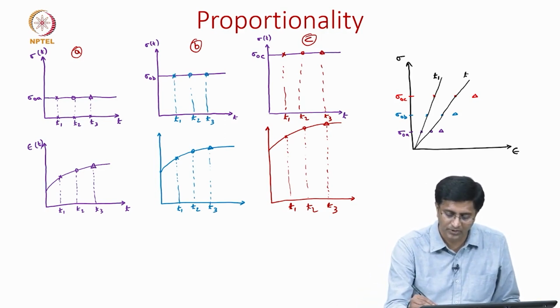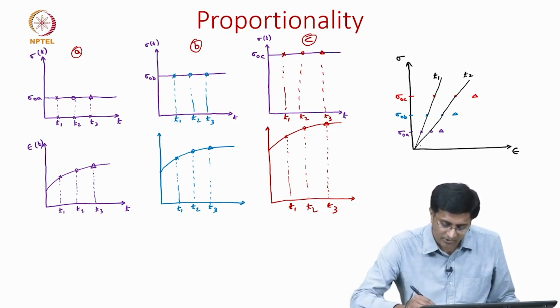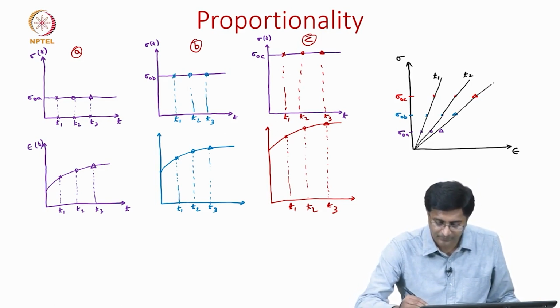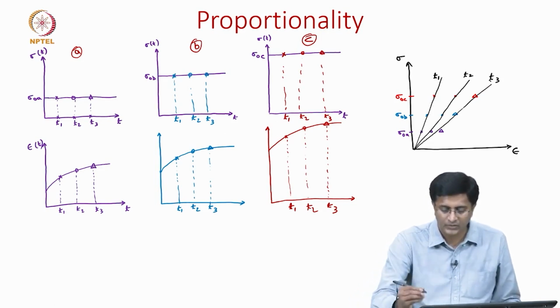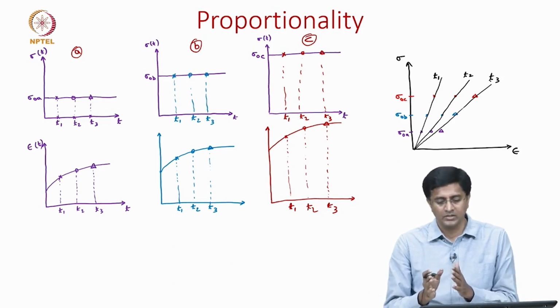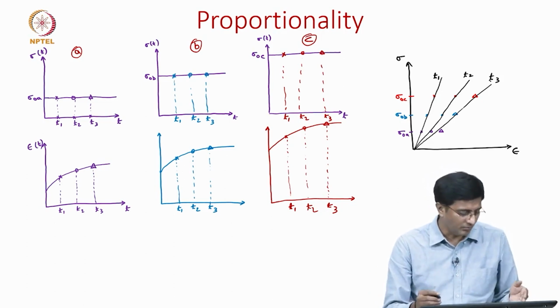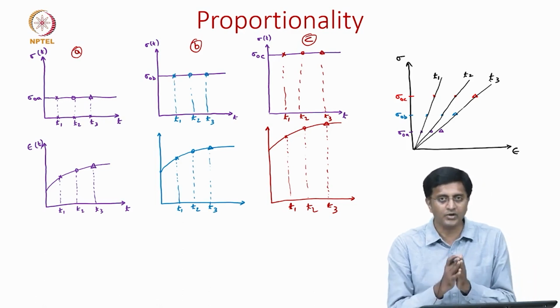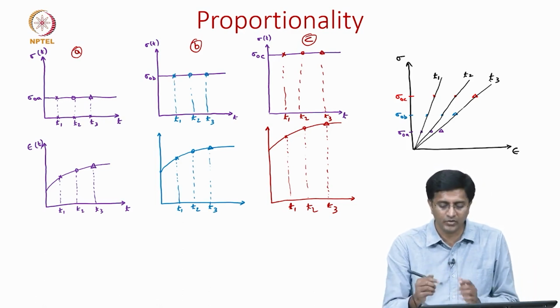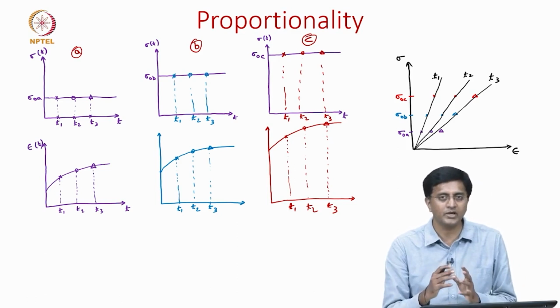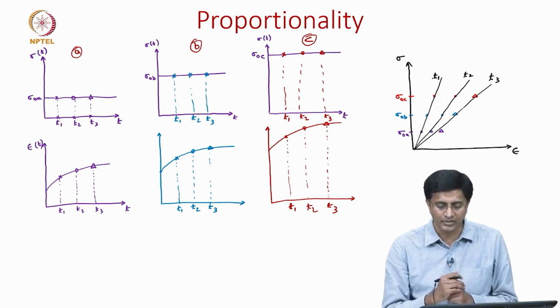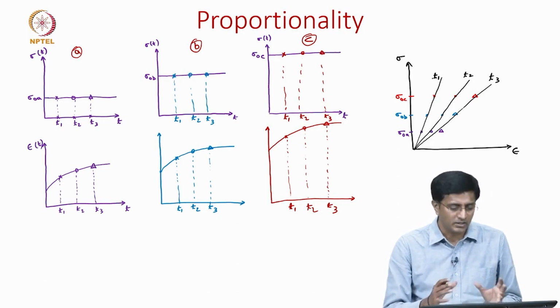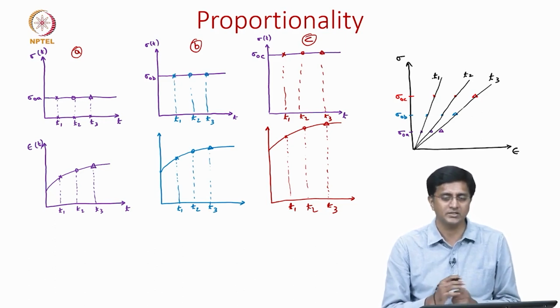Same thing with time t3. No matter which of the 3 different loads we are looking at, if they all fall on the same line when we are looking at constant times, or isochronous behavior, then we can conclude that the material we are looking at is linear viscoelastic.